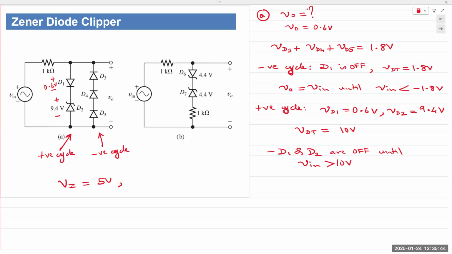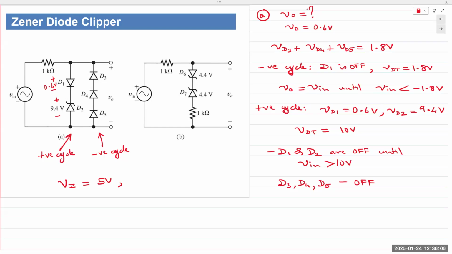Let's take the right branch first. In the positive half cycle, D3, D4, and D5 are always going to remain off. No change, right? But D1 and D2 will also remain off until Vin exceeds 10 volts.